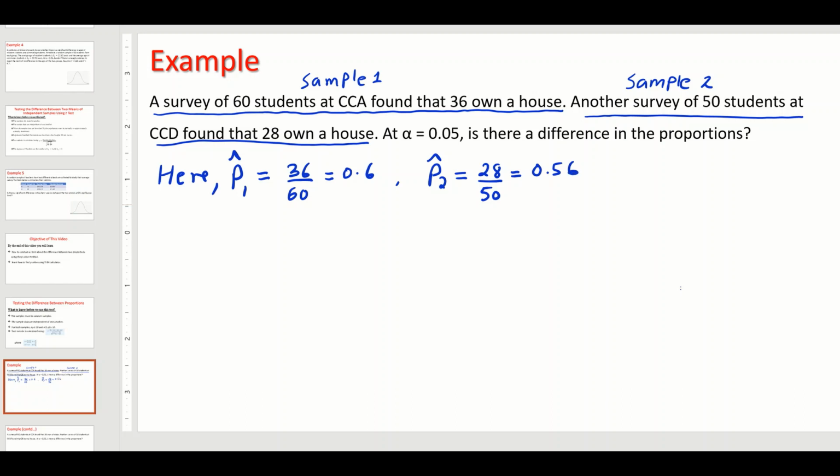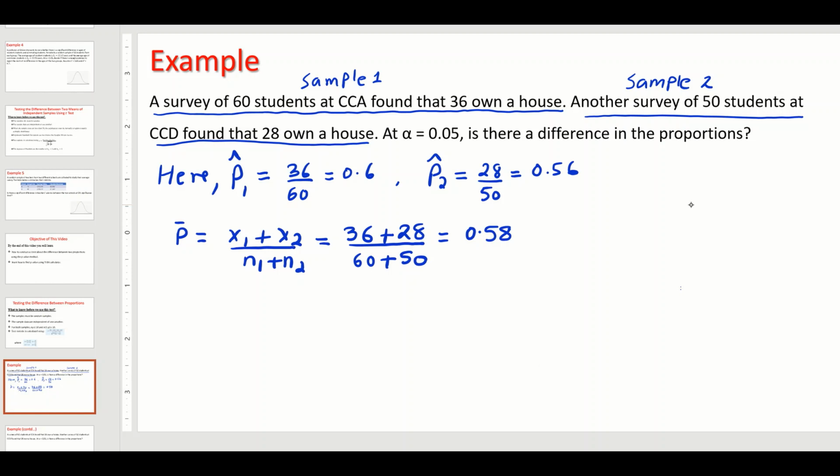Later in the test, we need P bar, which is given by the formula x1 plus x2 divided by n1 plus n2. x1 is 36 at CCA, x2 is 28 at CCD, divided by sample size 60 plus 50. 36 plus 28 over 60 plus 50. If you simplify this, it must be 0.5818.